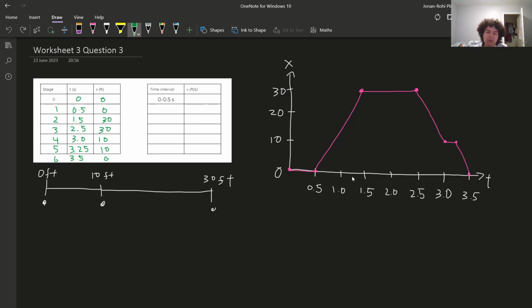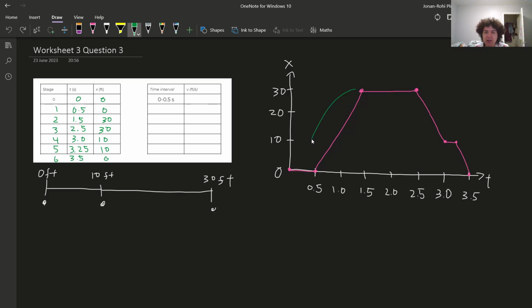So you can actually read some things from this graph just looking at it. Another kind of thing you can read, and this is a little more qualitative, is you can tell when the bird has a velocity that isn't 0. For example, we know that between 0.5 seconds and 1.5 seconds, the bird is somewhere between position 0 and position 30. That means the bird must be moving during that time. So we can guess that the bird has a velocity.